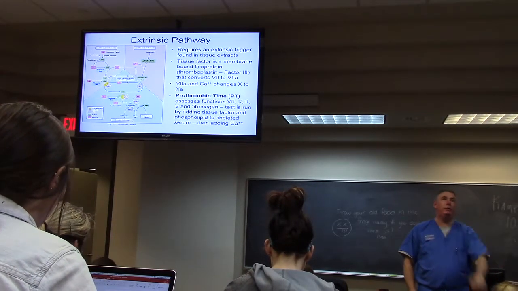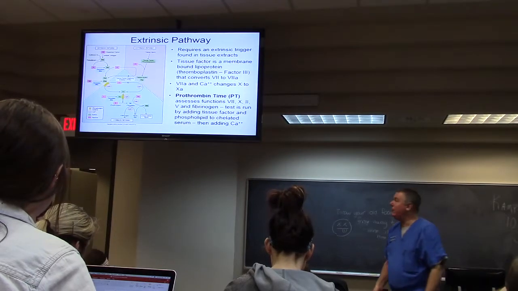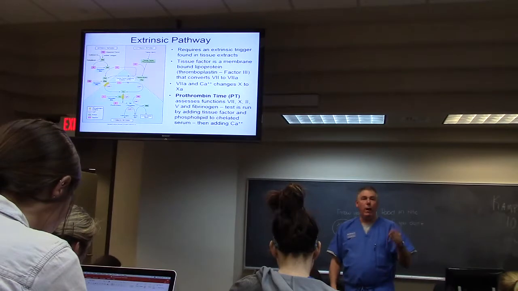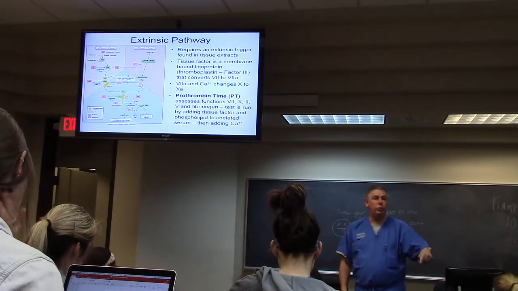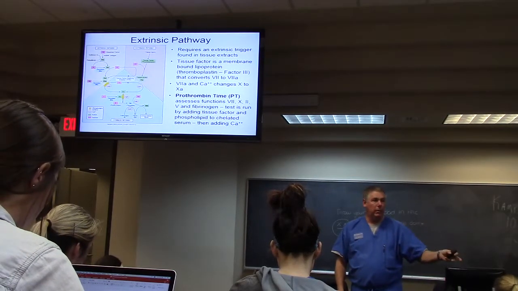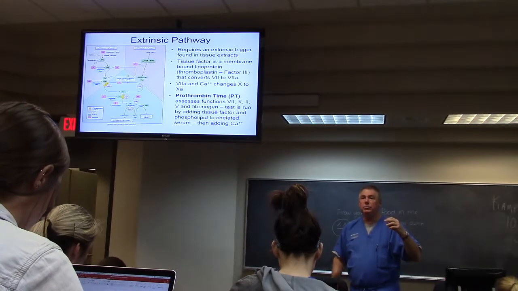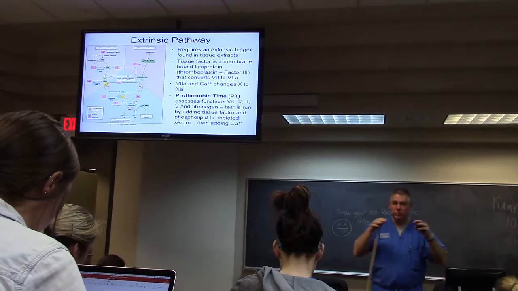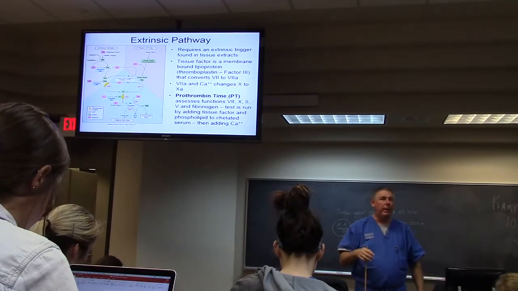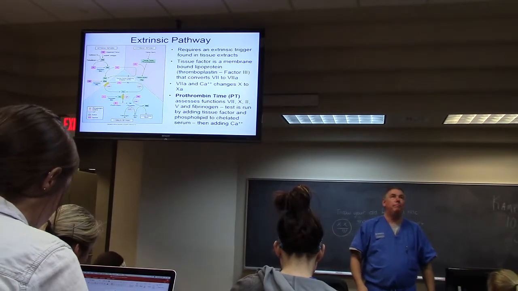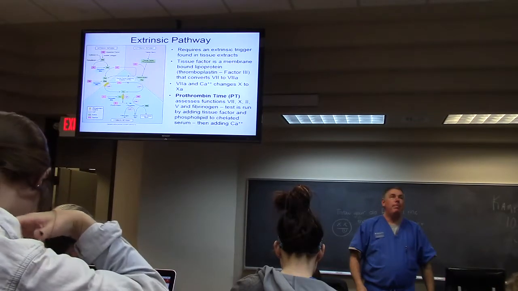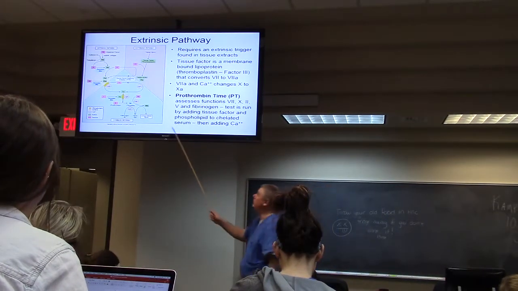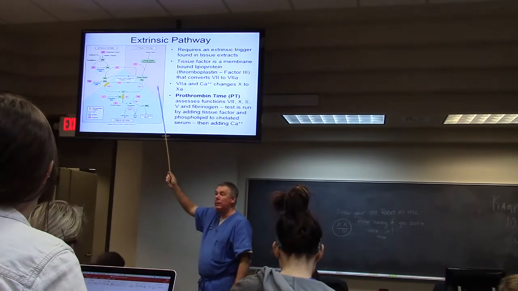Let's talk about the extrinsic pathway first. The extrinsic pathway requires damage to the blood vessels and exposure of the underlying substrate to the platelets. I don't want to get into the specifics of the pathways.